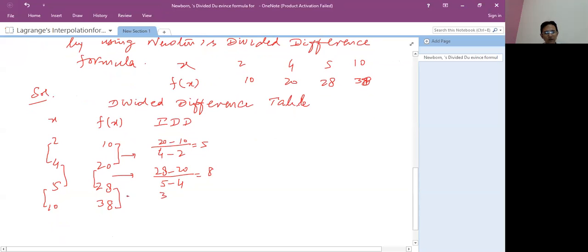Then 38 minus 28 whole divided by 10 minus 5. 10 divided by 5, it is 2.